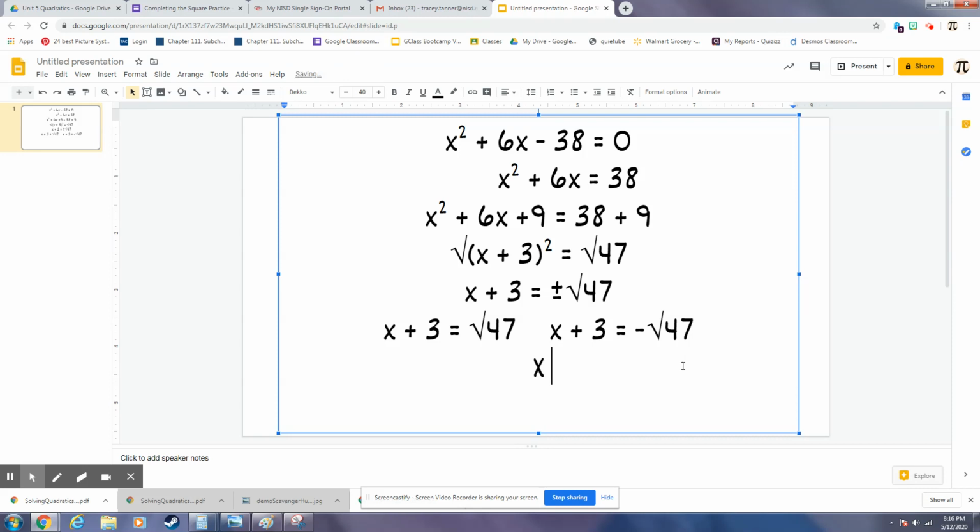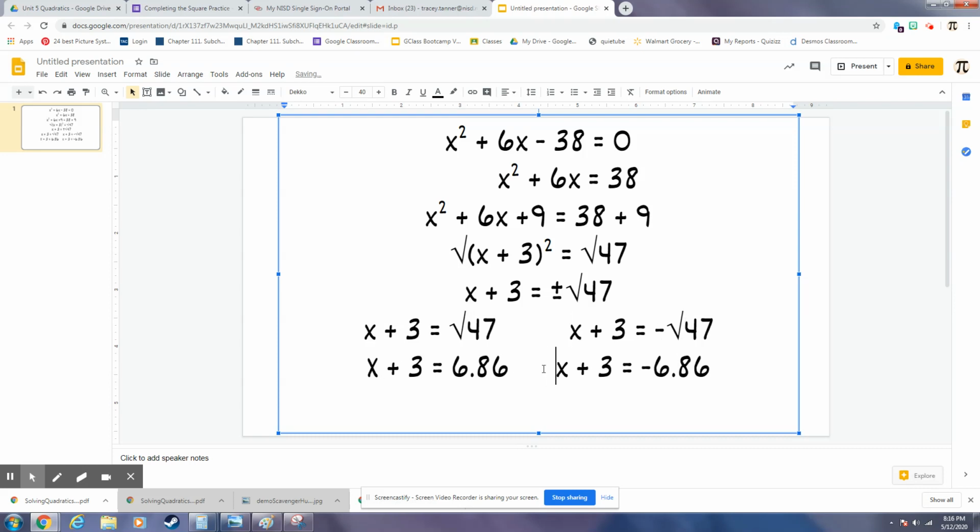So that means one of x plus 3 equals 6.86. And I have x plus 3 equals negative 6.86. Okay, I have a little space in here so it doesn't all run together. So now I have to solve for x. So I'm going to subtract 3 from both sides of both of these equations.